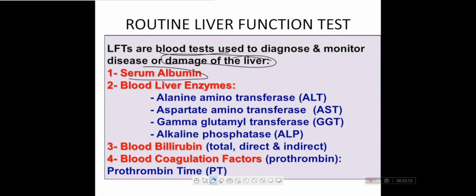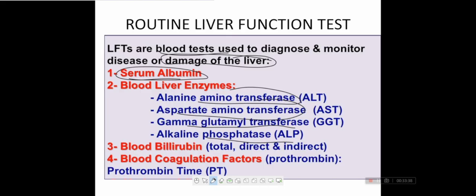Second, the blood liver enzymes. The enzymes are alanine aminotransferase, aspartate aminotransferase, gamma glutamyl transferase, and alkaline phosphatase. Third is blood bilirubin.